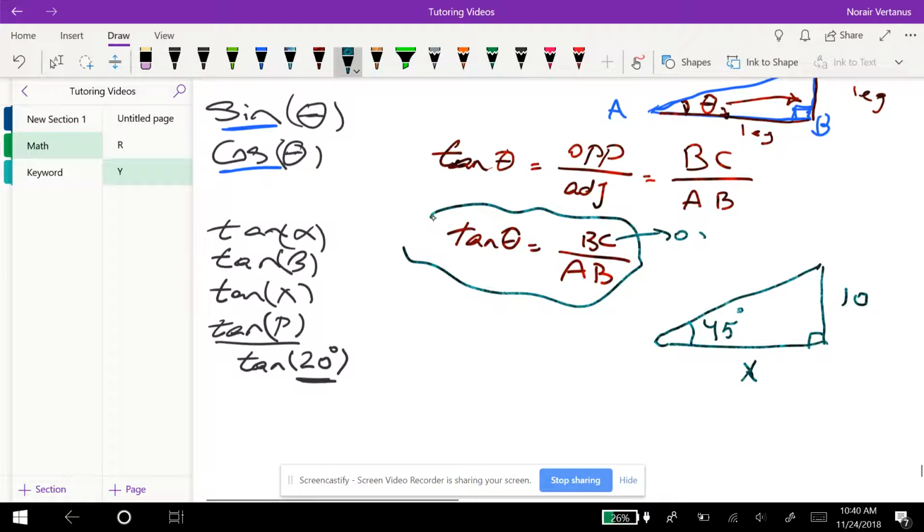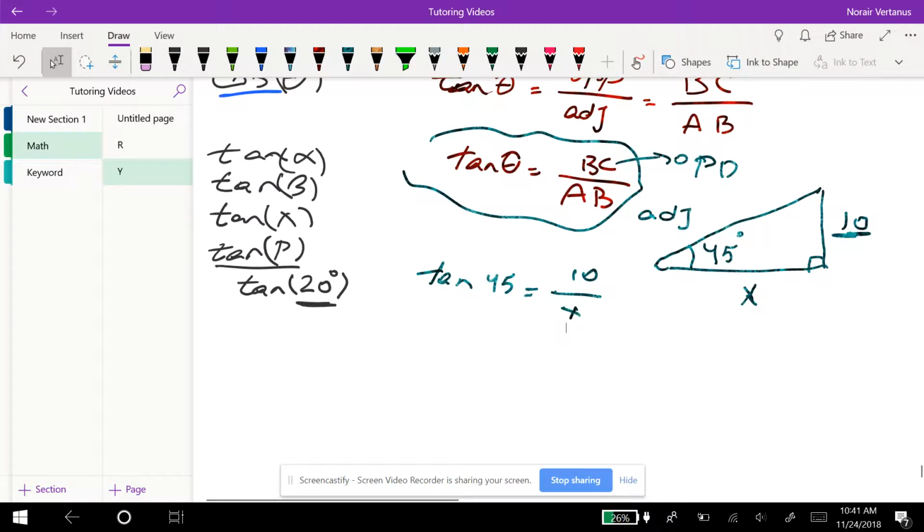In this case we don't have A, B, or C. So tan of 45 degrees is equal to opposite, which is 10, over adjacent, which is x. Tan of 45, use a calculator, is 1. So 1 equals 10 over x. Cross multiply: 1 times x equals 1 times 10, so x equals 10. That's how you find it.